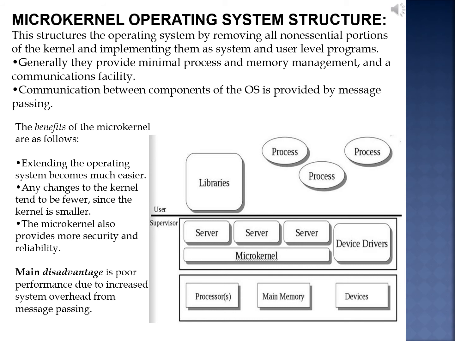Communication between components of the OS is provided by message passing. A microkernel is the minimal software that is required to correctly implement an operating system. This includes memory, process scheduling mechanisms, and basic inter-process communication.